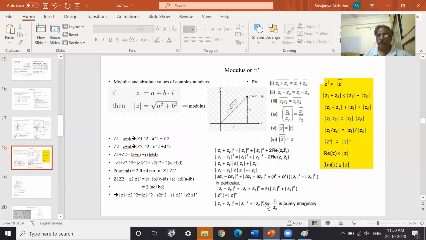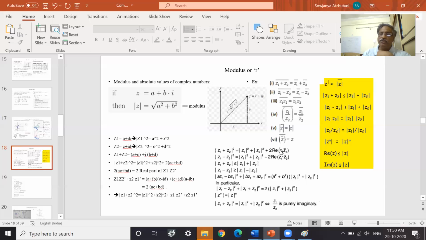If we don't have any 2 Z1 Z2 term, that means they are 90 degree. They are purely imaginary. Cos 90 is 0, sin 90 is 1. So ours is theta 1 minus theta 2, 90. So the value is R1 by R2 on the Y axis. There is no X axis here. Purely imaginary.